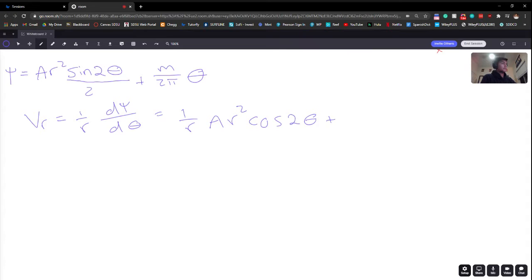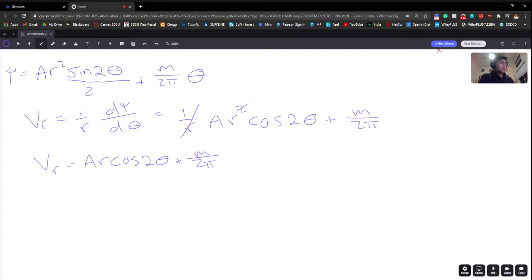Plus m over 2 pi times theta; the derivative with respect to theta just becomes m over 2 pi. So v sub r equals a r cosine 2 theta plus m over 2 pi.